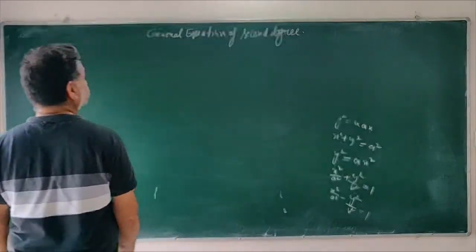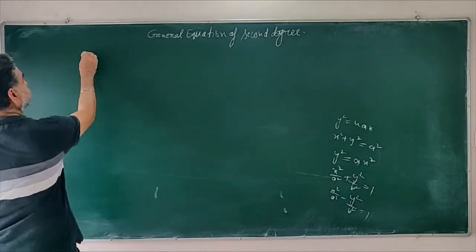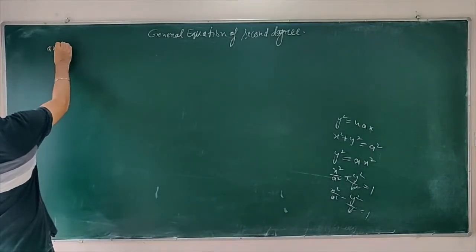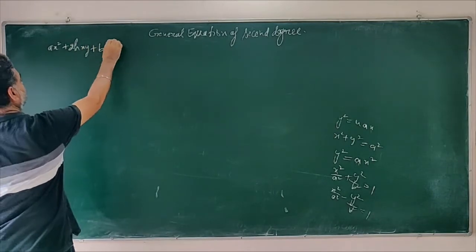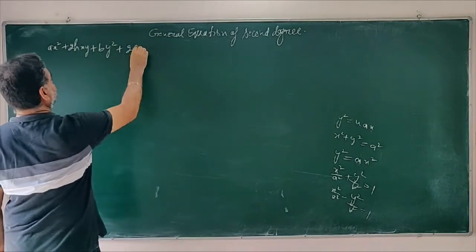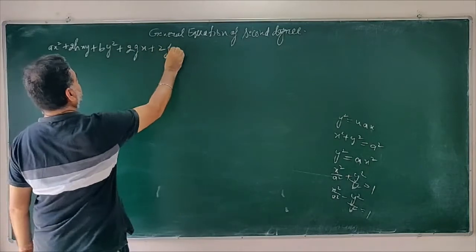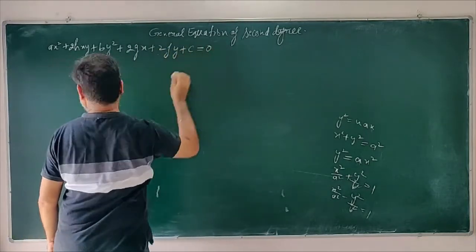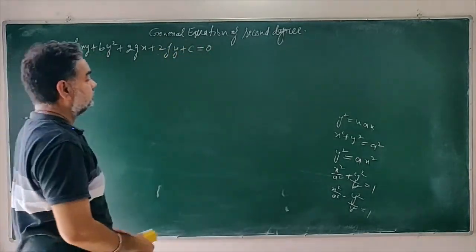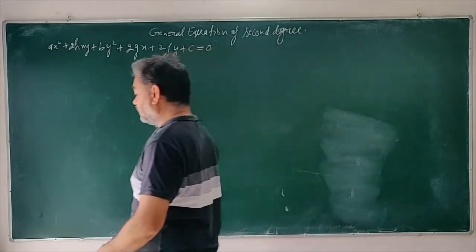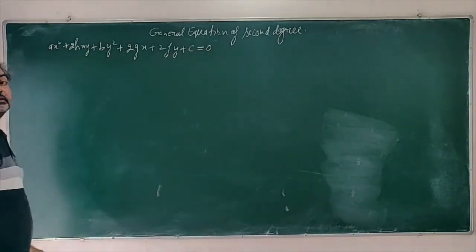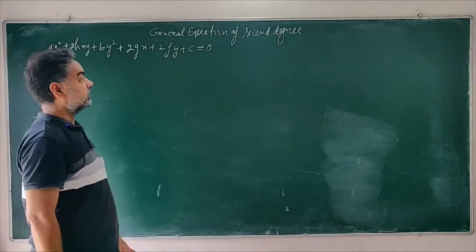So what is a general second degree equation? A general second degree equation is of this type: ax squared plus 2hxy plus by squared plus 2gx plus 2fy plus c equal to 0. This is a general second degree equation in x and y.